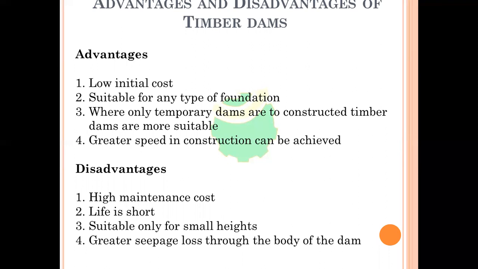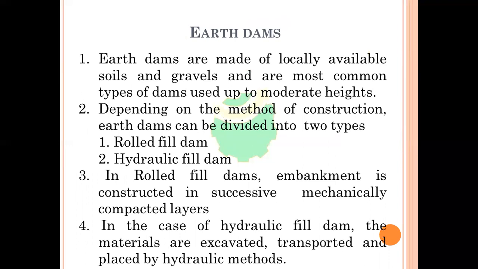Disadvantages: high maintenance cost, short life, suitable only for small heights, and greater seepage losses through the body of the dam. Next, non-rigid dams are earth dams. Earth dams are made of locally available soils and gravels and are the most common type of dam used up to moderate heights.